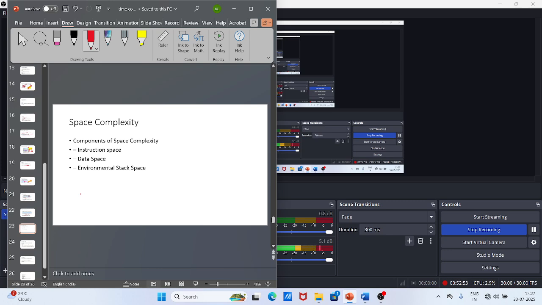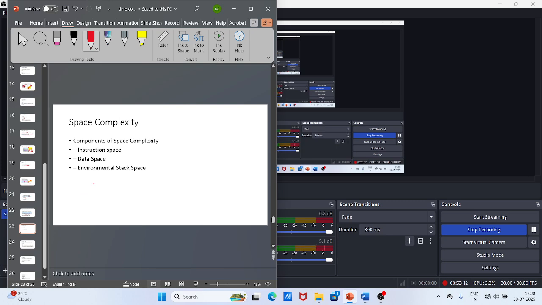Now come to the space complexity. What is the meaning of space complexity? Let's now focus on the space complexity. It measures how much memory an algorithm needs to run.